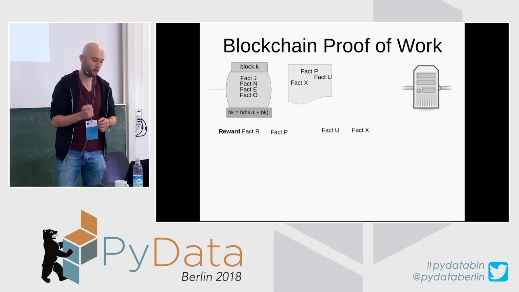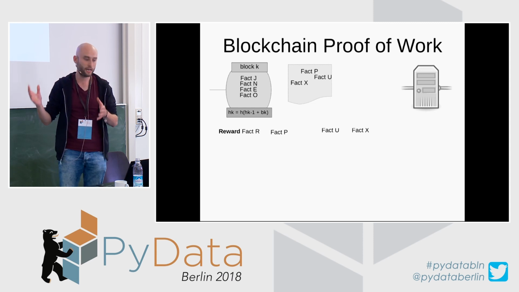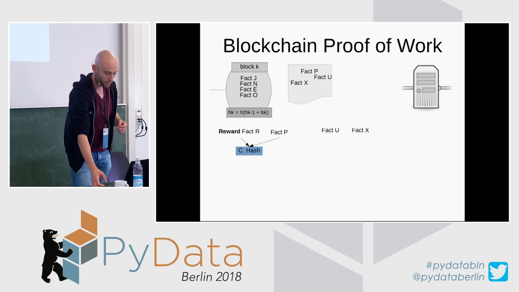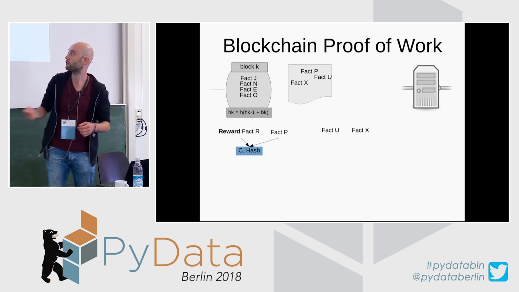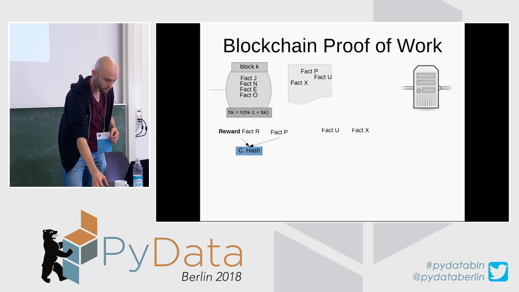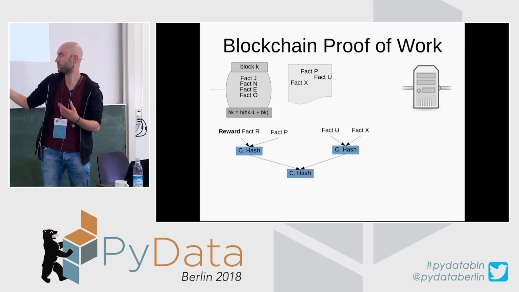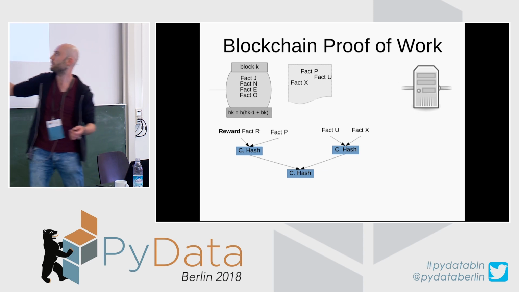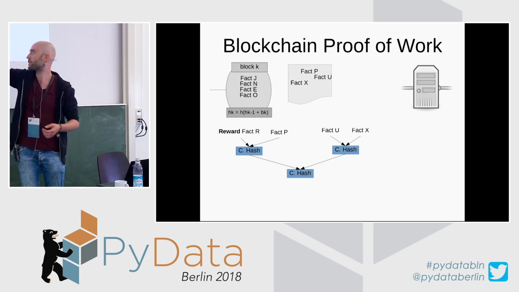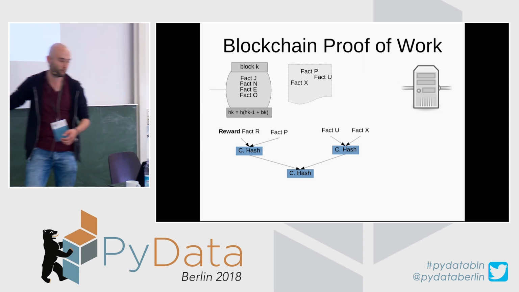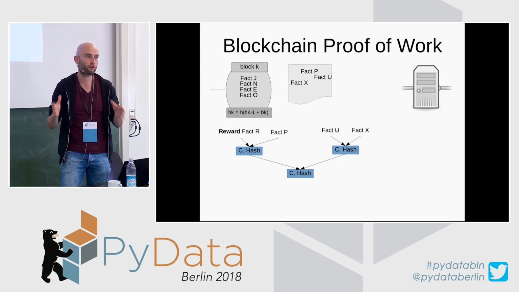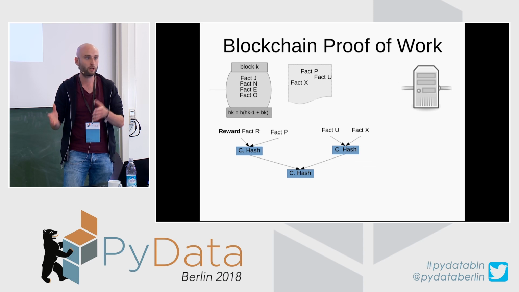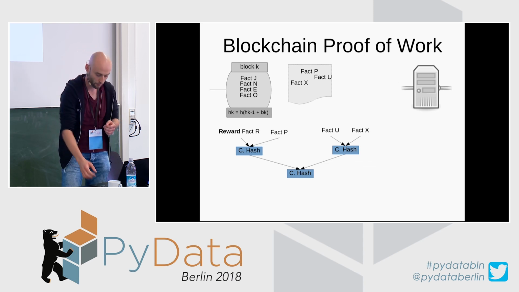And then he takes all the facts, pairs them, concatenates them, and hashes the pairs of these facts. And then he takes the hashes of the hashes, pairs them, and hashes them. And he does this until he arrives at the root of such a hashing tree, which is also called a Merkle tree, which is then pretty much the hash of the content of this particular block he's going to produce.